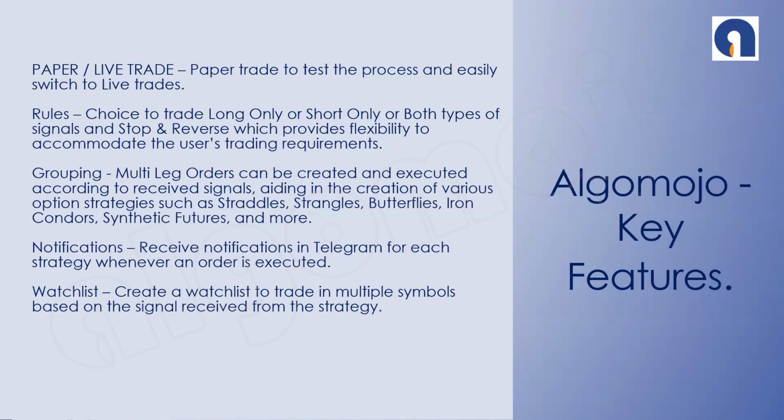Especially, we have seen people who use tools like charting or Amibroker, where they do exploration and scan hundreds and hundreds of symbols, and when the criteria is met, the signals are generated for a few symbols. So those will be picked up and the orders can be placed in the account.